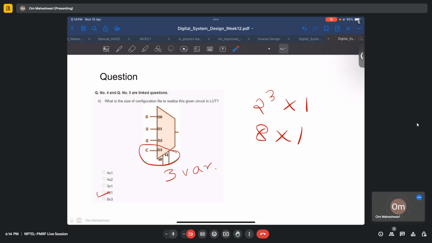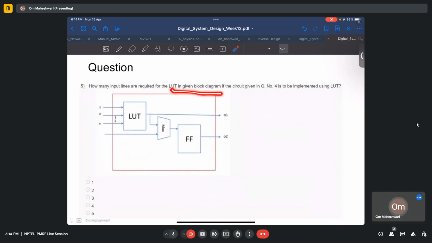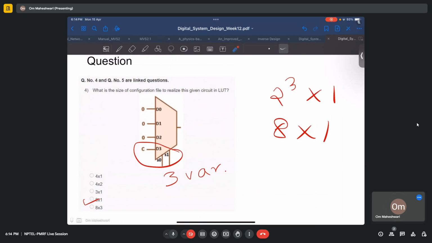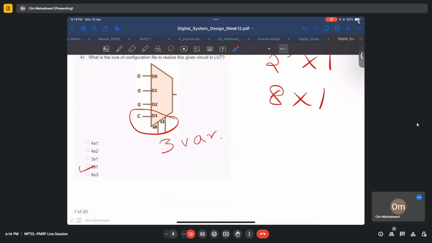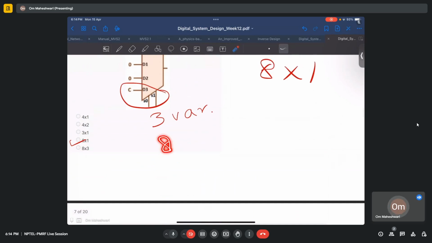Okay. Next one is, how many input lines are required for the LUT in the given block diagram, the circuit given in question 4 to be implemented? If this circuit has to be implemented, how many input lines do we need? This LUT, we know we need 8 cross 1 memory, right?